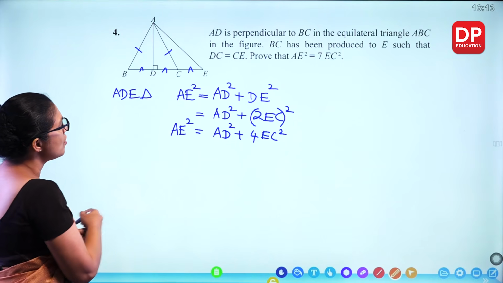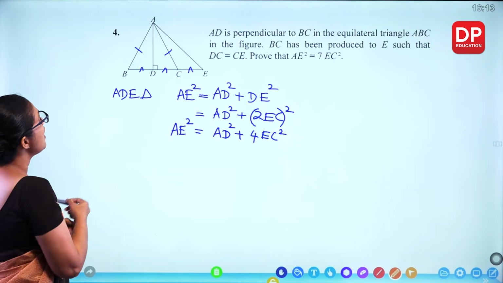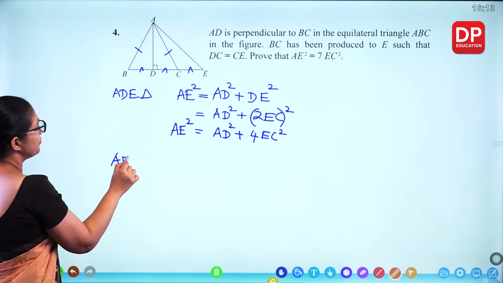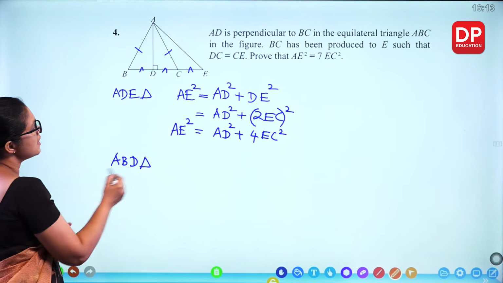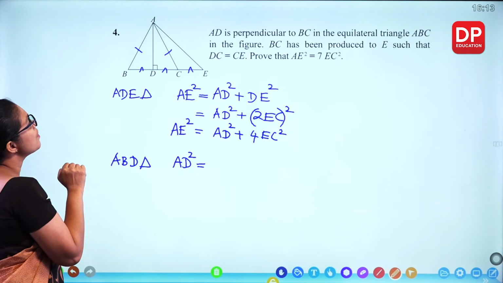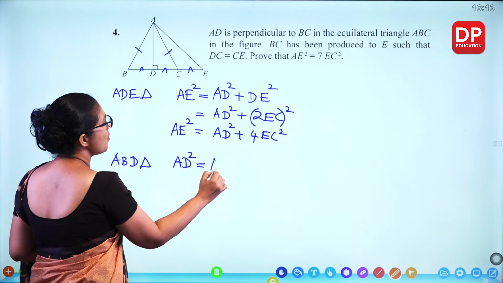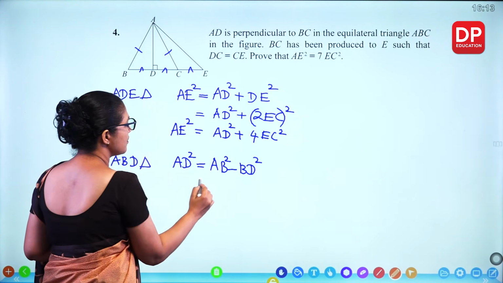Now I need to get rid of this AD squared. So I'm taking ABD triangle. When I take ABD triangle, what is AD squared? AD squared is equal to AB squared minus BD squared.